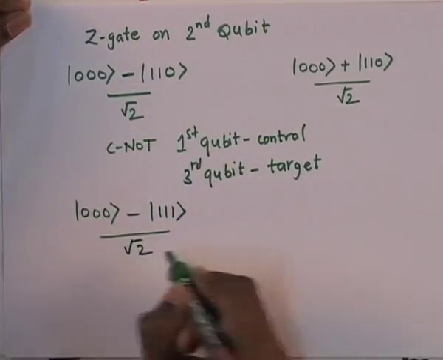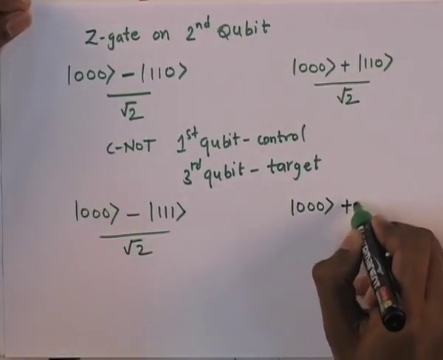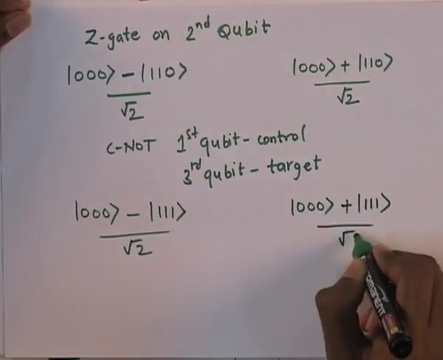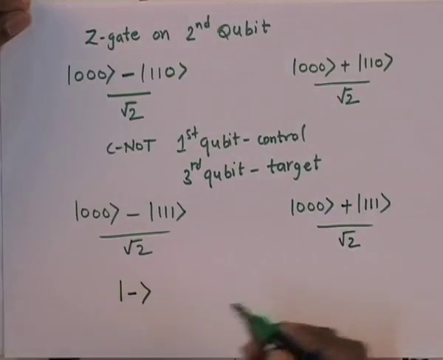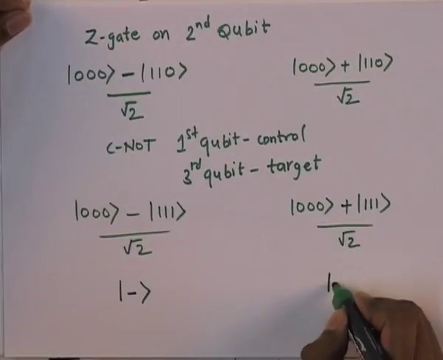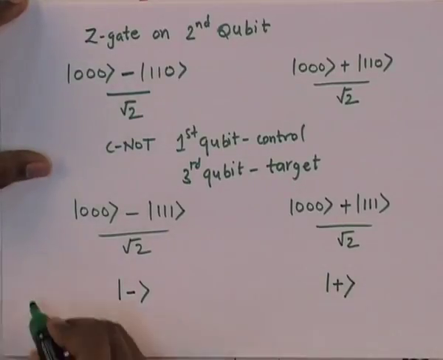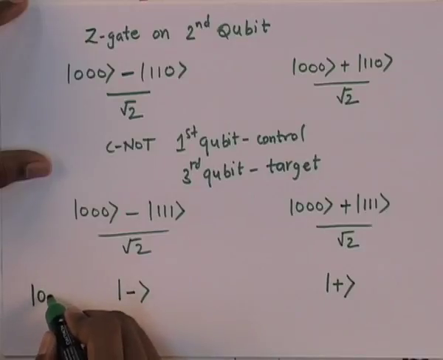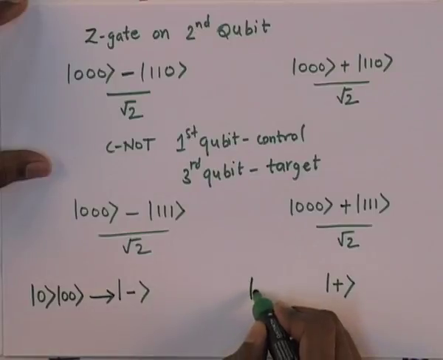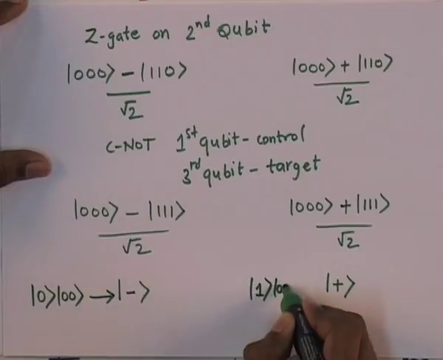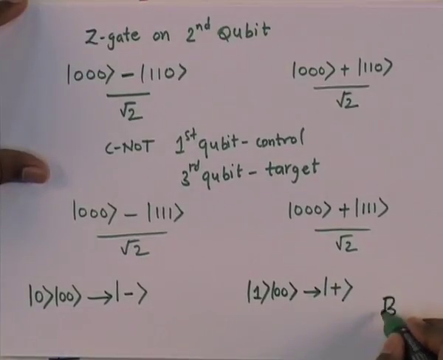Similarly, here, as we have denoted this state as minus in our lectures and this state as plus, we see that 000 transforms to minus and 100 transforms to plus. So, the correct option is option B.